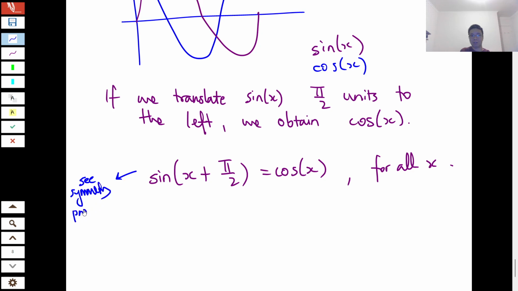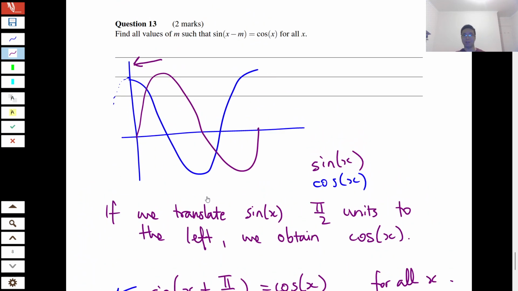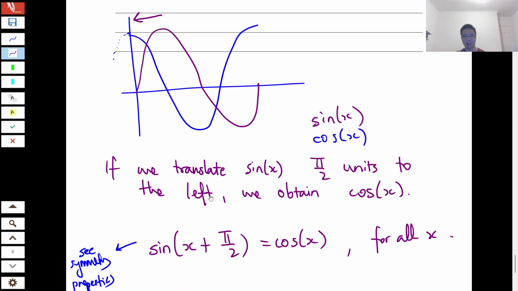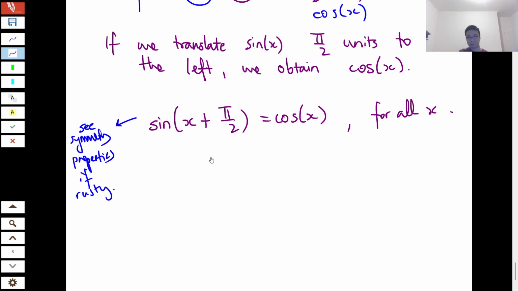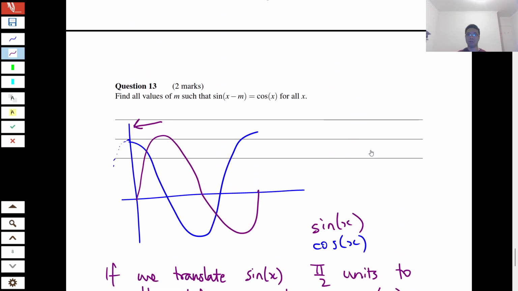Now, this formula should be familiar from your symmetry properties. So if you're rusty on that, look it up again. Now, so clearly, m equals negative pi on 2 is a solution. But the question doesn't ask for a solution. It asks for all possible values.